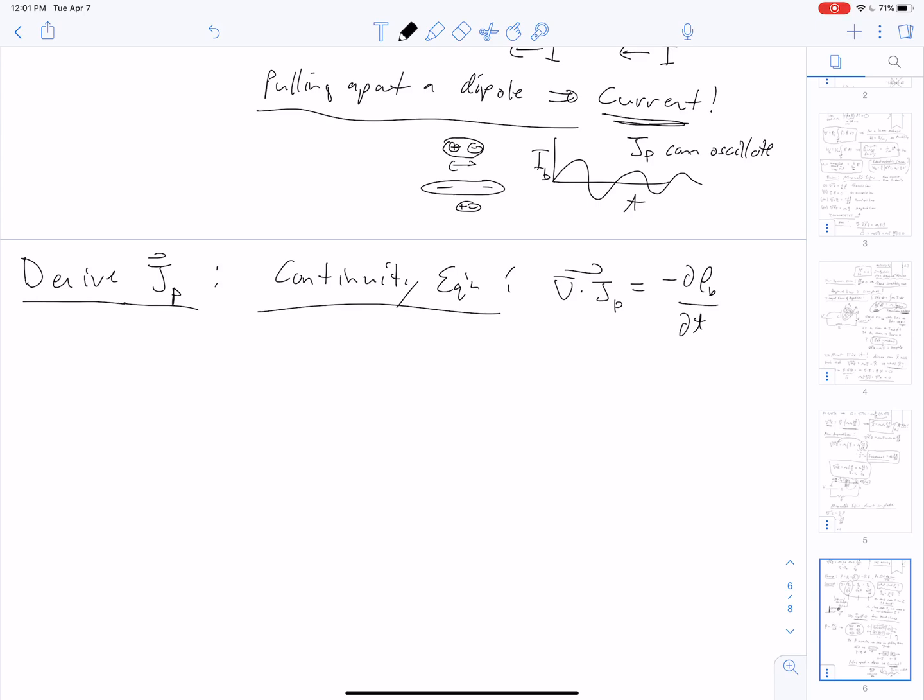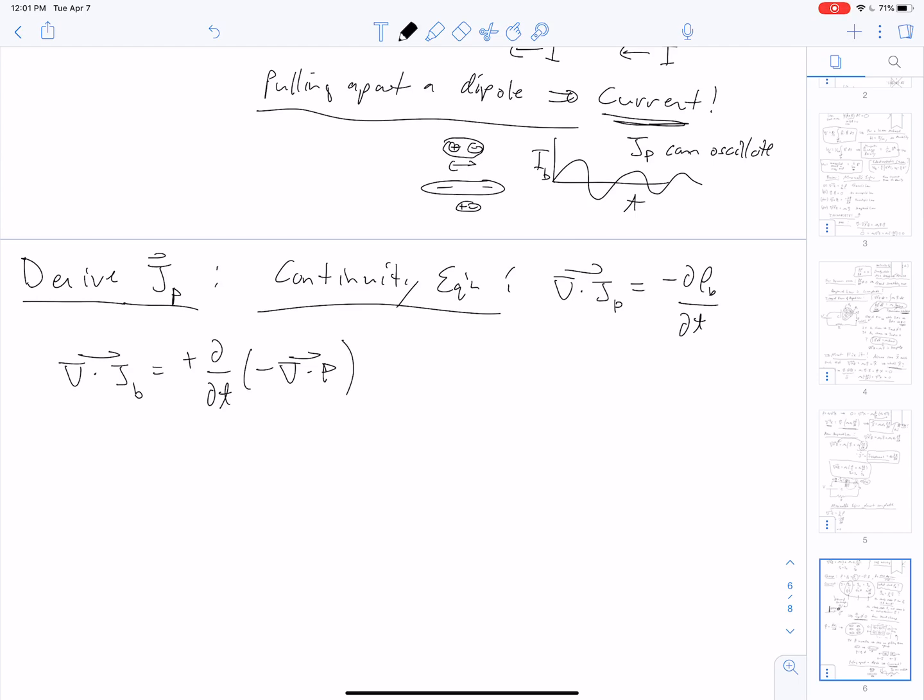And so now that we have the continuity equation, the rest is simple, because we can just notice that the bound charge is equal to negative del dot P, the negative of the divergence of the polarization.